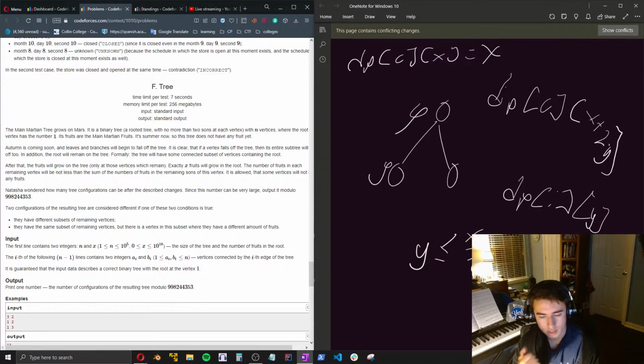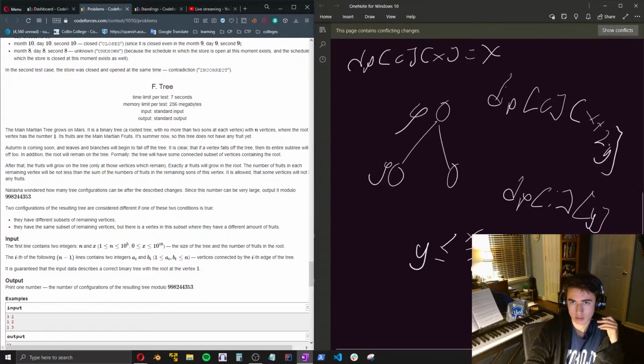Well, yeah, let's say less than or equal to X. And then what we do is say dp of C X plus equals, for each child, dp of C X plus 2 times Y times equals this or whatever.